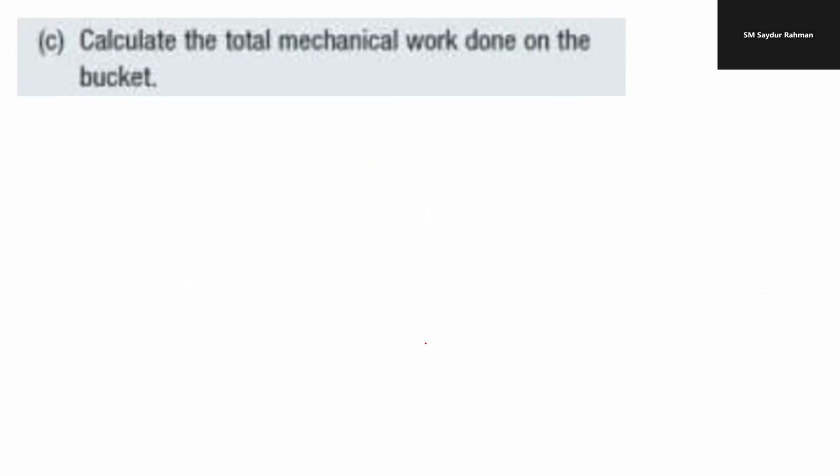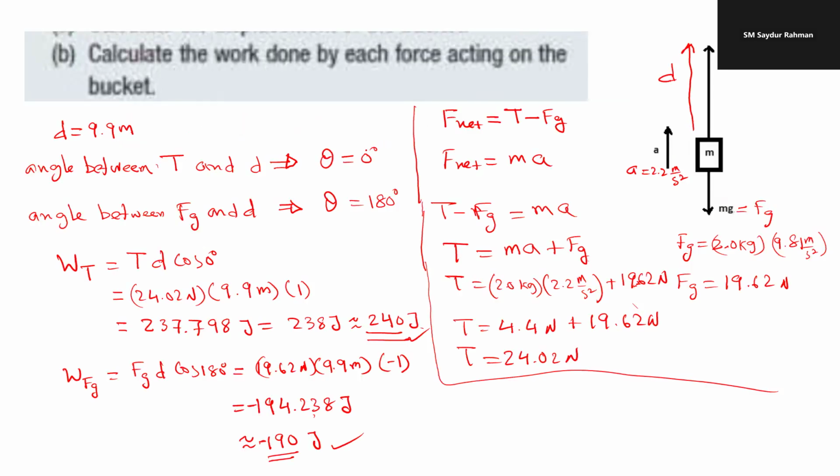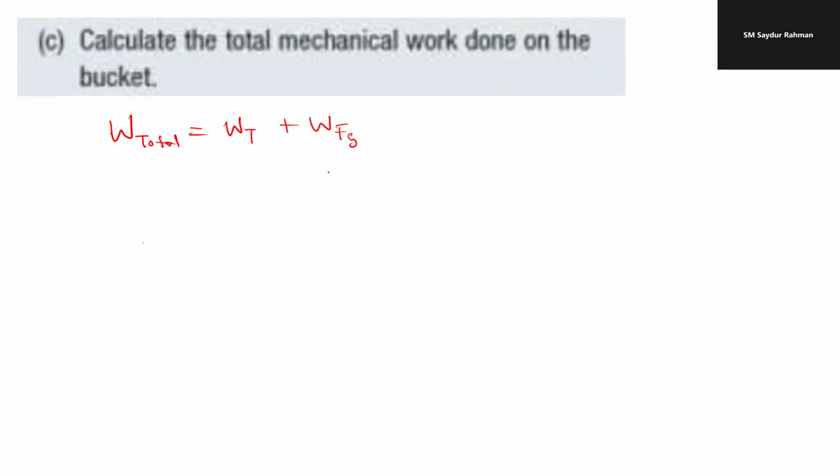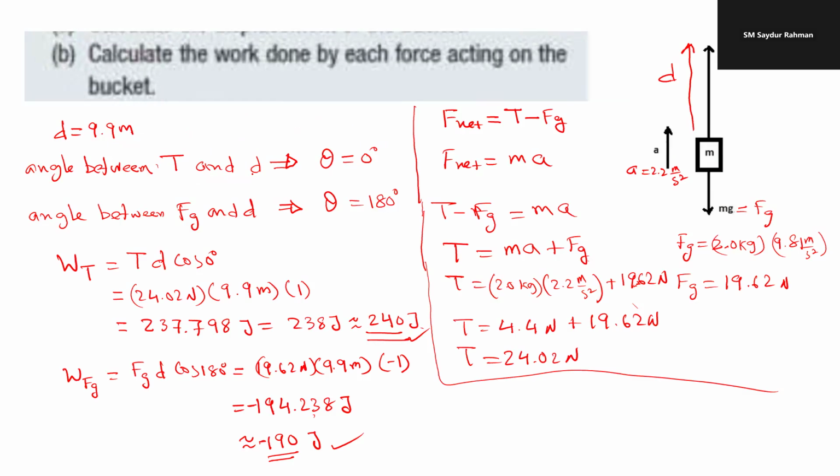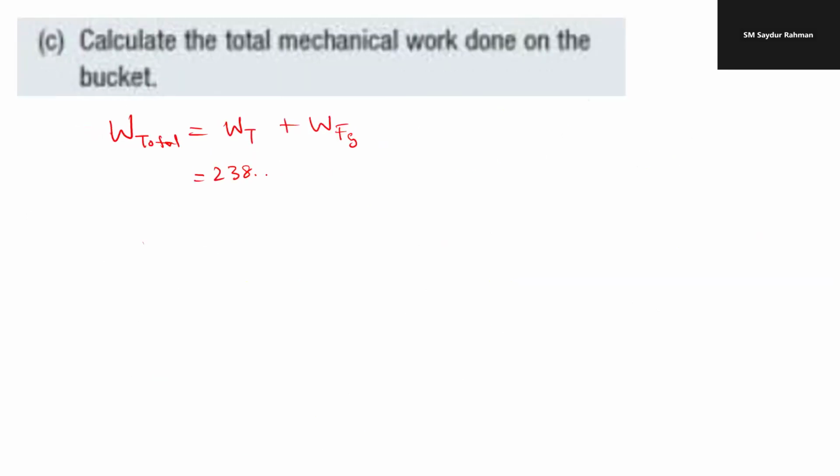All right. Part C, you have to find the total mechanical work done. That's very simple. W total is equal to work done by the tension plus work done by the F_G. So we have 238 joules and negative 194 joules.